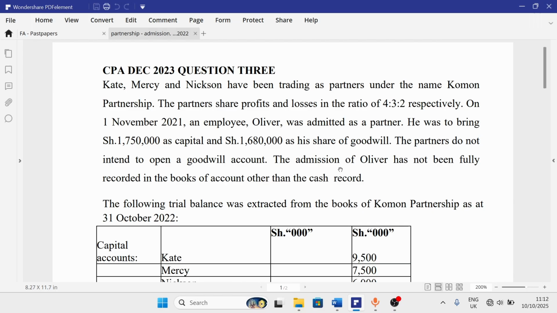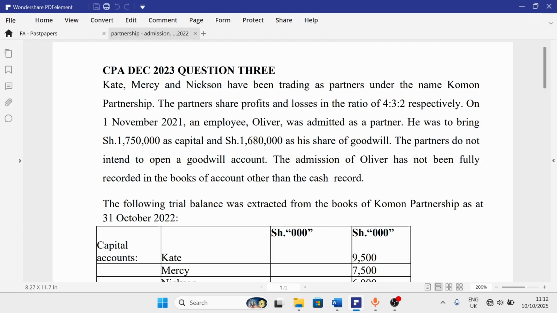And then another thing, you are told that the admission of Oliver has not been fully recorded in the books of account other than the cash record. So what do you get? Take the 1750, which is the capital introduced by Oliver, add 1680, which is the amount of goodwill Oliver was required to pay.